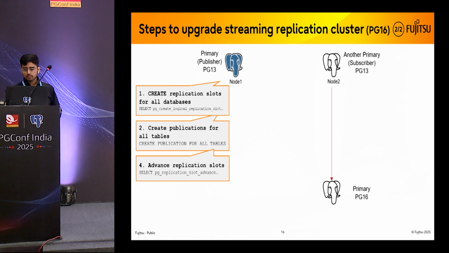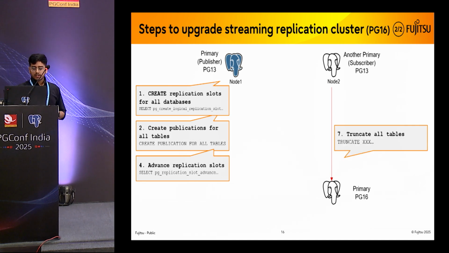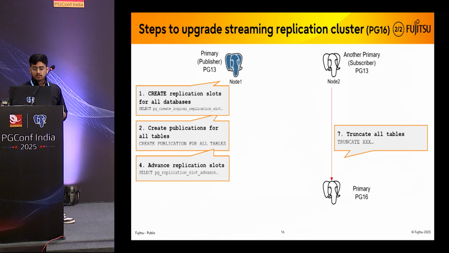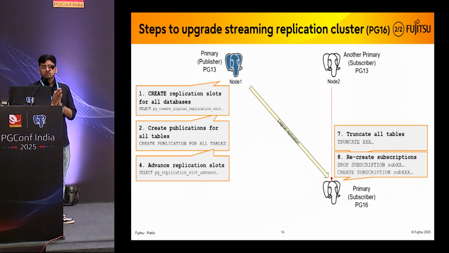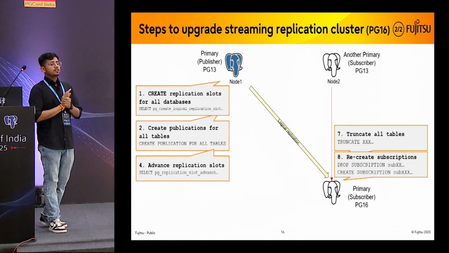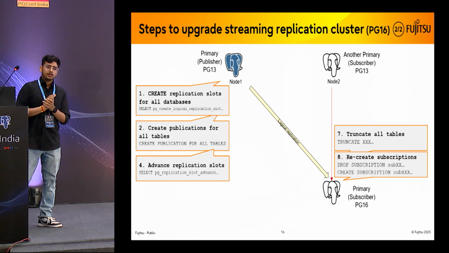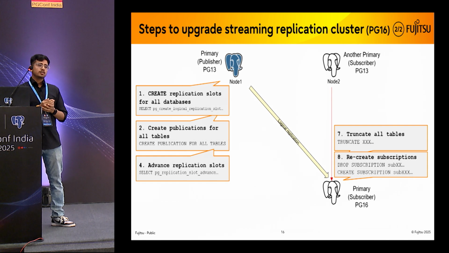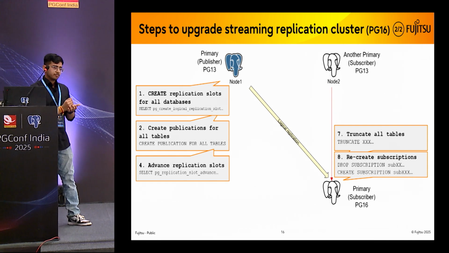So node 2 is upgraded, and now here comes a little tricky step. We upgraded the subscriber, but till PG16, the upgrade of a subscriber is not fully supported. The subscription related information is not preserved after the upgrade.